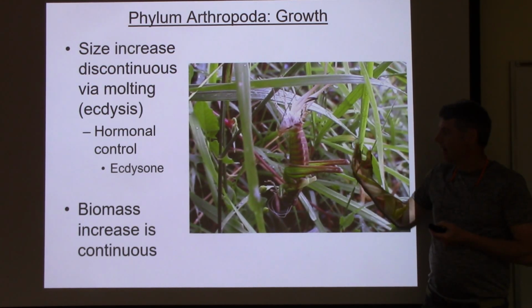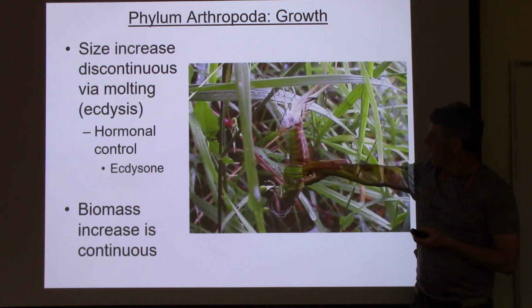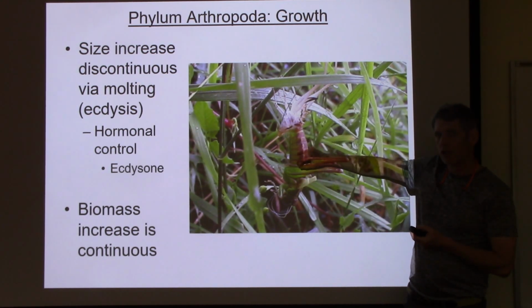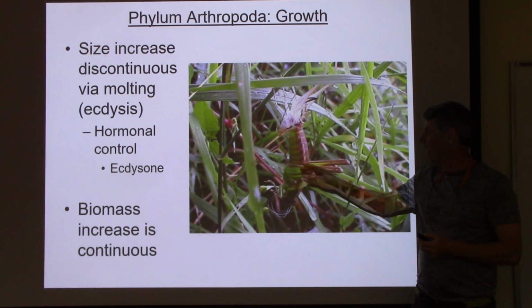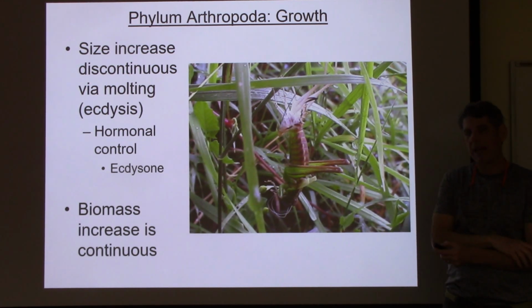But you have a continuous increase in biomass as this abdomen will swell, as it stretches here, and as water is excluded and air pockets are removed. And so the biomass is increasing in a continuous fashion, even though the size is increasing in a very discontinuous, stepwise fashion.